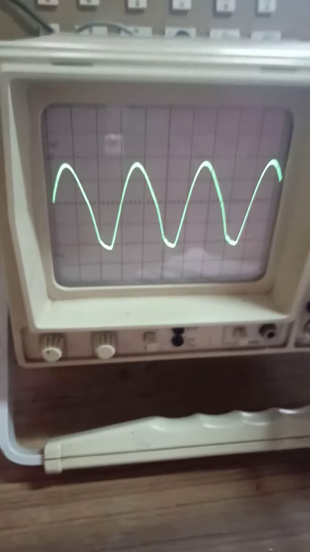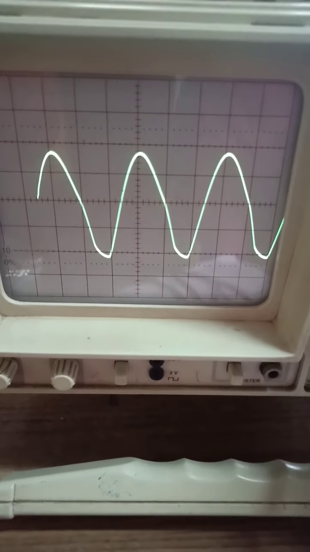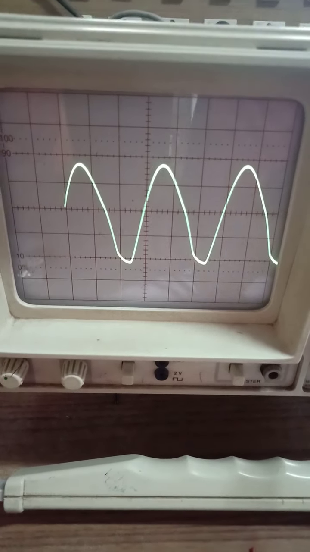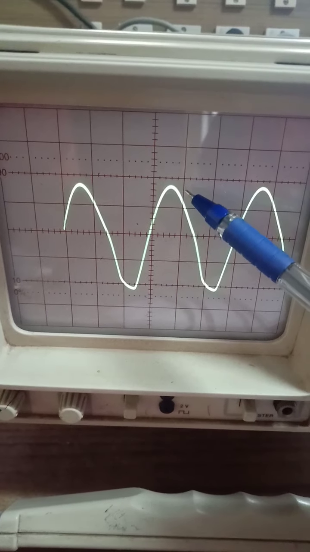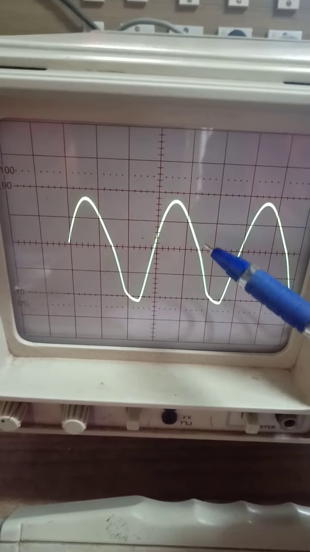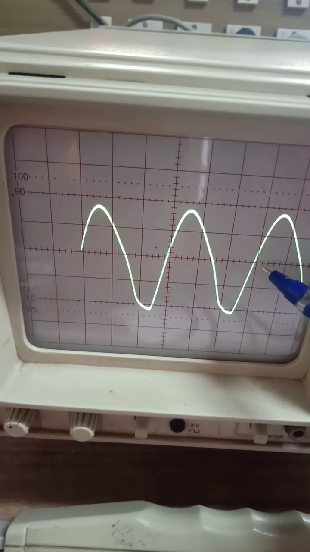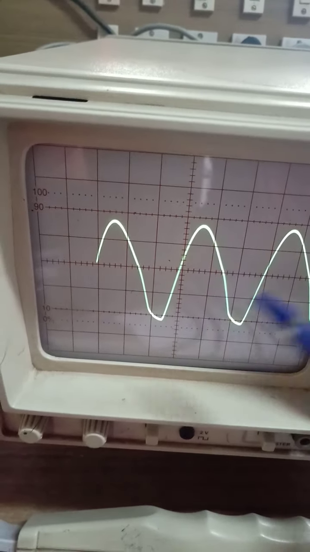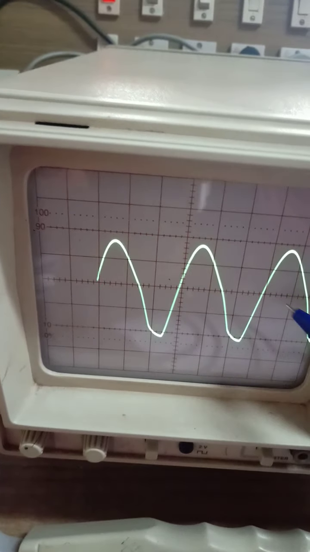Now we will see how to calculate the F, that is the frequency of oscillation. We are adjusting the starting of the waveform. You can see here, this is the starting of the waveform. It goes towards the positive direction, then comes to the negative direction, and here the complete cycle ends. So we take the time period taken by the circuit to complete one cycle.